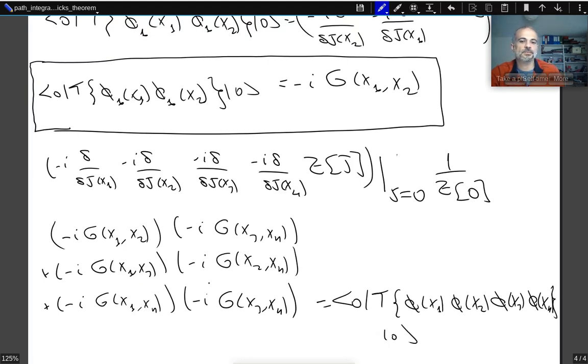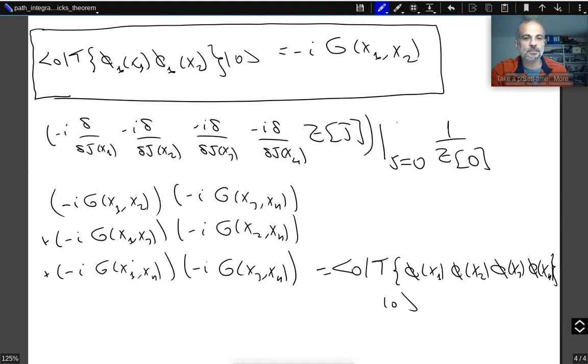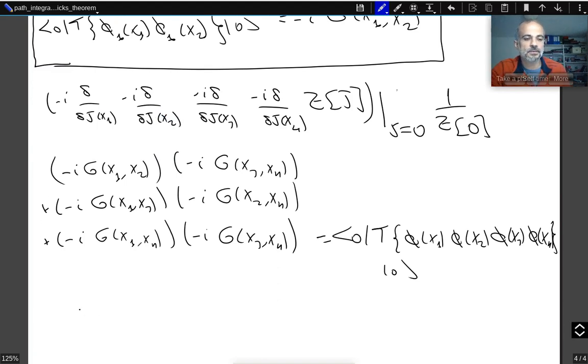So what this tells me is that if I want to calculate such a time ordered product, I should put as many derivatives, but to get a non-zero contribution when J is equal to 0, I should pair those derivatives, and I should also consider all possible pairings and sum their contribution. The sum basically comes from the fact that the derivative of a product is just the sum of several terms.